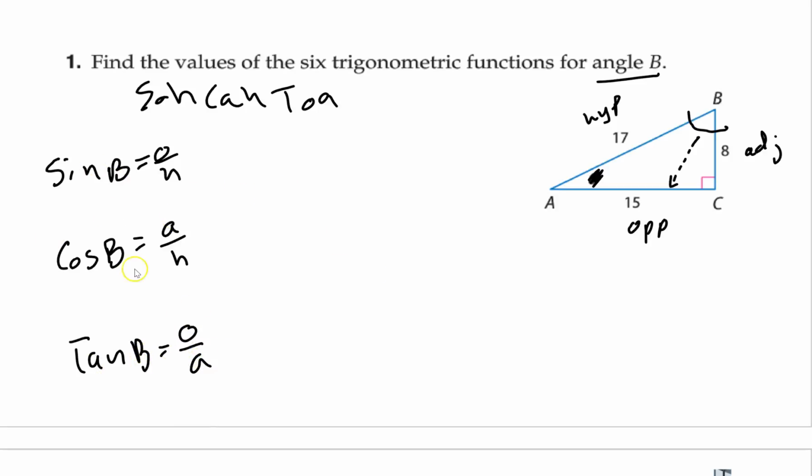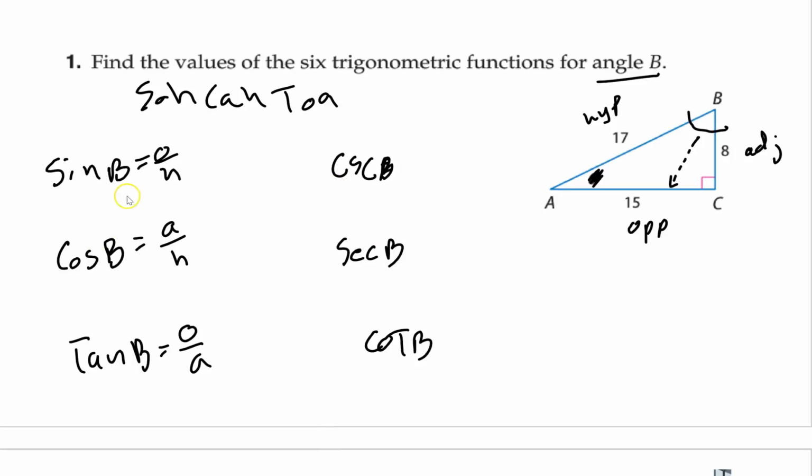And now once I figure out those, I know the reciprocal functions, because sine, remember, goes with cosecant. So cosecant of B, cosine goes with secant of B, and tan goes with cotan of B. Now I'm not always going to write it like this. You're going to have to find it yourself, or I might write it and mix it up for you just to mess with you. Haha.